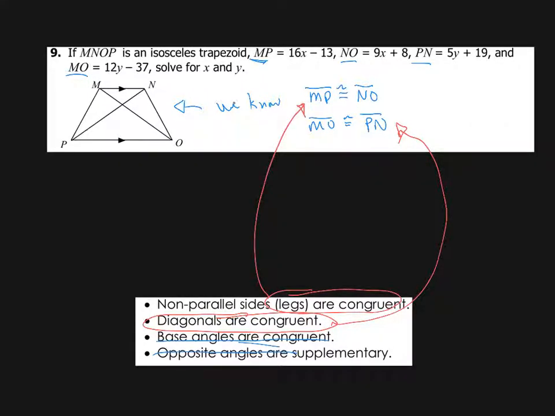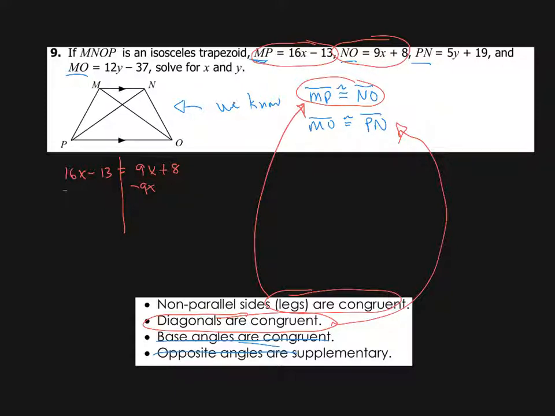So what do we have? Well, we have a little bit of everything. So how about we just grab one and make a statement that works. So I see MP, and MP and NO are going to be the same. So I'm going to take these two, and I'm going to set them equal to each other. 16x minus 13 equals 9x plus 8. Now there's no combining like terms to be done here. We're just going to go straight into inverse operations.